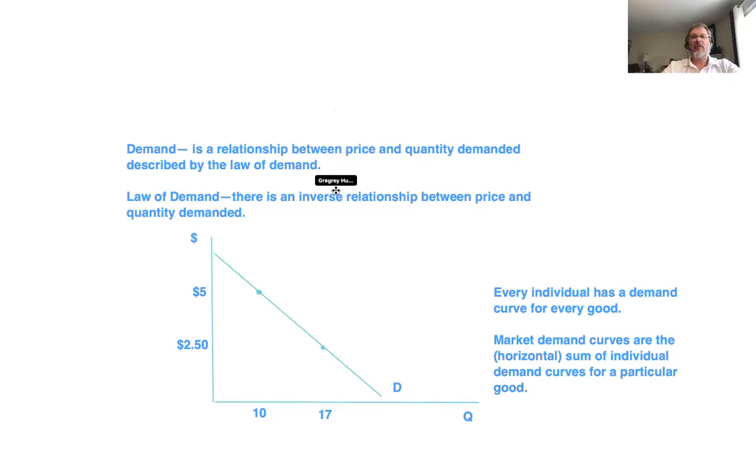So now check this out. We know at a price of 250 that 17 units would be demanded, or you'd purchase 17 frappuccinos. But notice this: if we start off at the quantity and we say, at 17, remember the horizontal axis goes from 0.